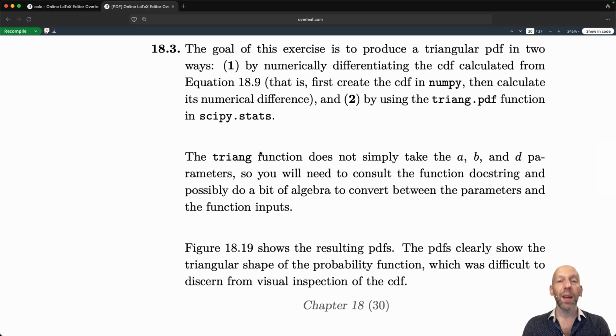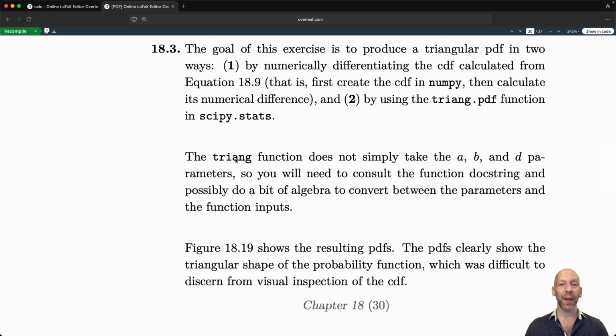That is because the triangular distribution function does not take the three input parameters that are used to characterize a triangular distribution, so A, B, and D. Instead, it takes three different parameters, and you will need to look into the docstring, maybe do some online searching, and do some algebra and figure out a way to translate these three parameters, A, B, and D, into the inputs that the triang function takes.